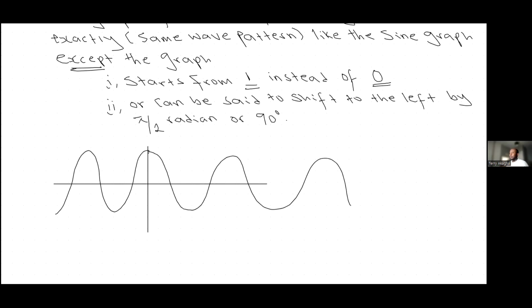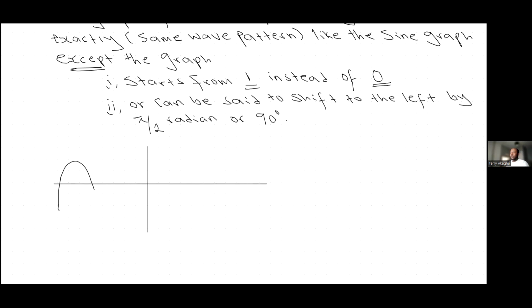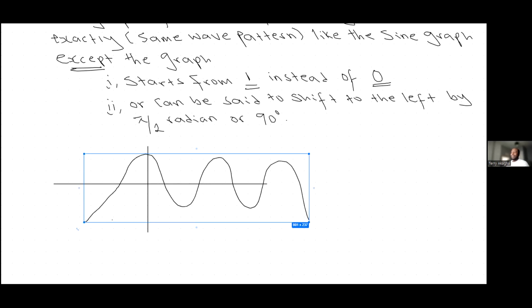So let's assume we have this, something like this. Now let's say we shift this, so you can see it now looks like a cosine graph. It's like you shifted the graph by 90 degrees, and it's now very similar to the cosine graph that I told you starts from 1.